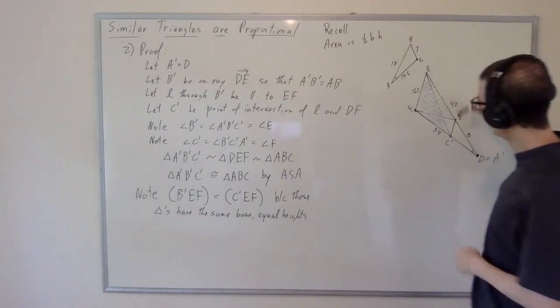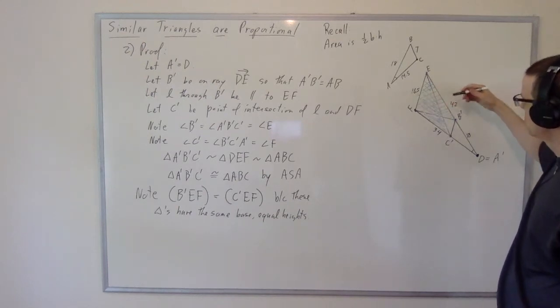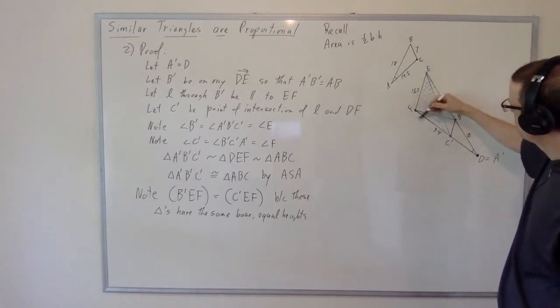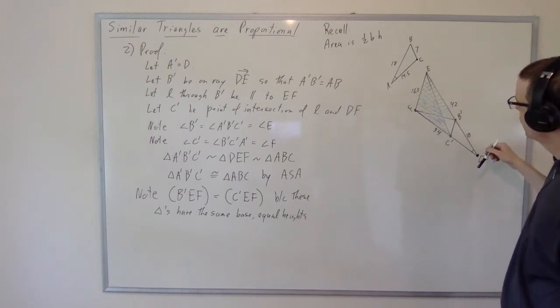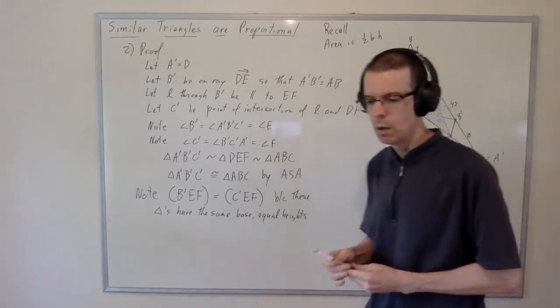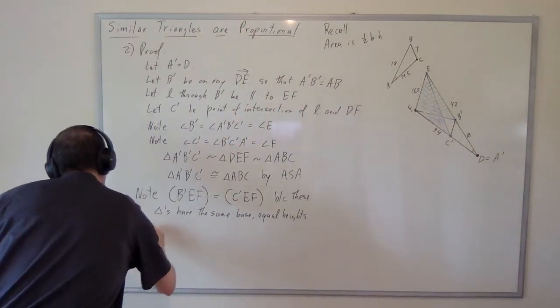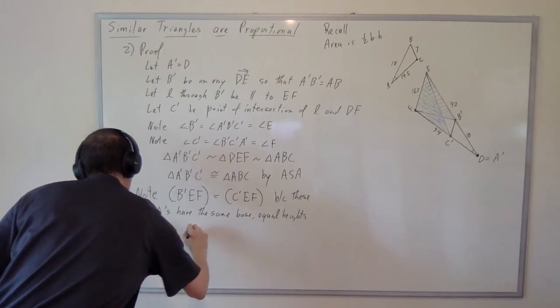In other words, we'll take the equal triangles in green and blue, and we'll just subtract each from the larger picture, the triangle DEF. And we'll get negative versions of those, which must have the same area too, because we're subtracting equals from equals. So therefore, what do we conclude?